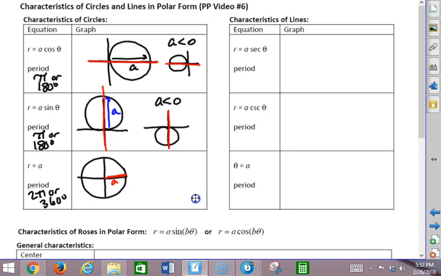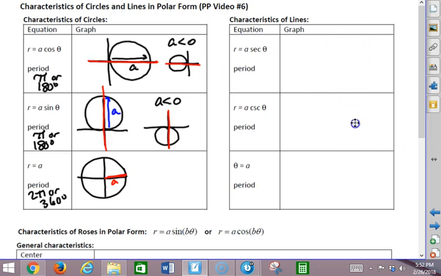Now let's look at characteristics of lines. R equals A secant theta. Secant corresponds with cosine, so cosine is going to give me a horizontal line of symmetry, which means my line is actually going up and down.